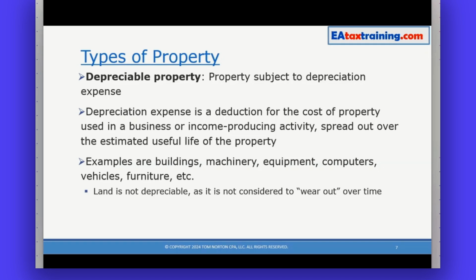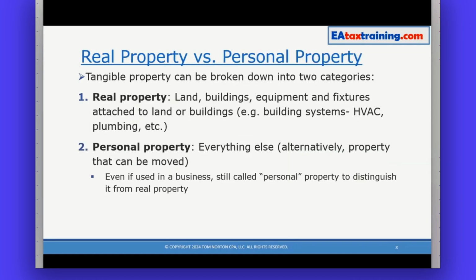It's going to be there 5 years from now, 10 years from now, 100 years from now. So you don't get to take depreciation expense for land. So that is the concept of depreciable property. Again, we'll go into all the details when we talk about those concepts in part 2, business taxation. Next, the types of property are real property and personal property.